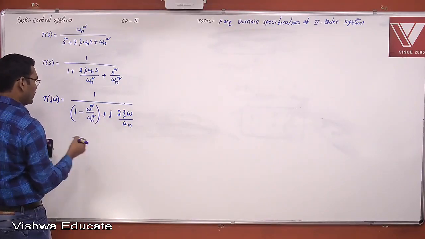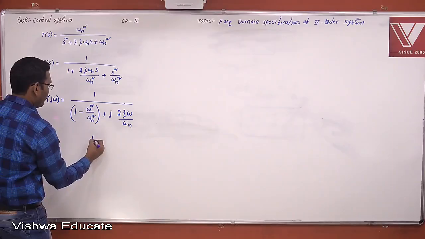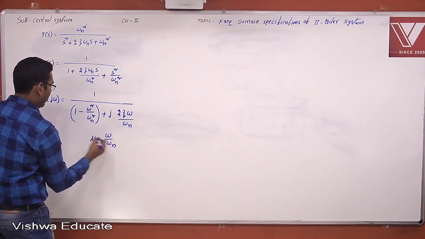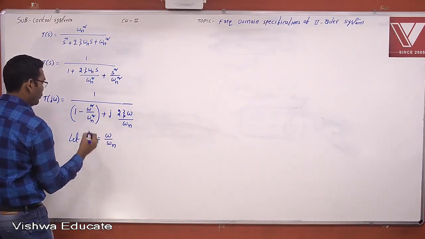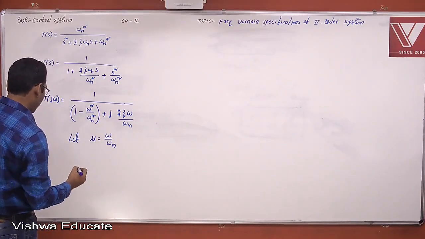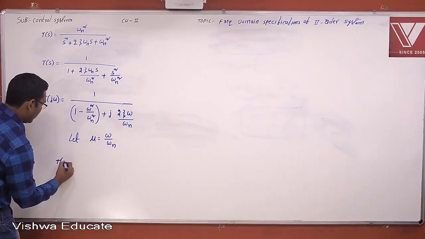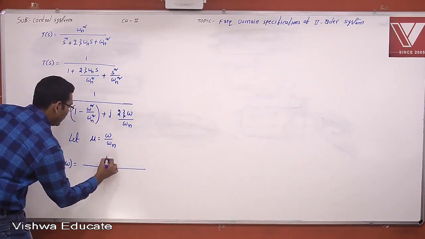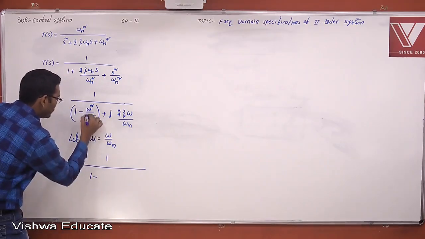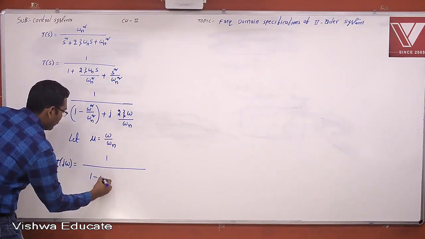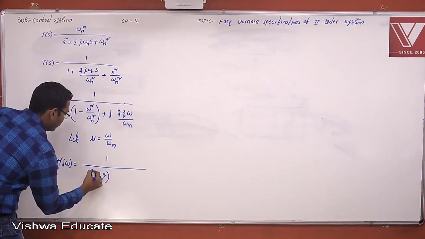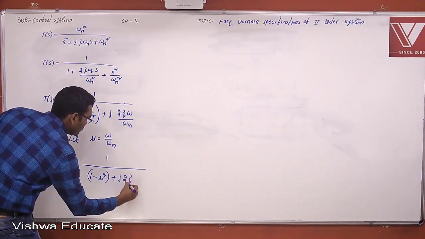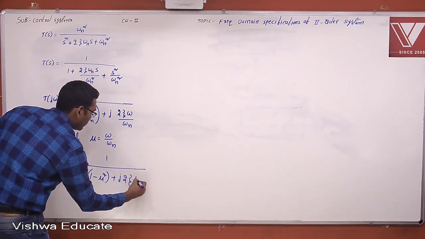For easy calculations, let us assume mu equal to omega by omega n. Now what is T of j omega? T of j omega is equal to 1 divided by 1 minus mu square plus j into 2 zeta mu.